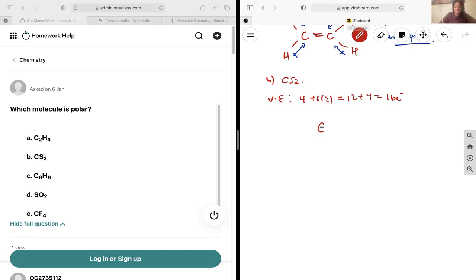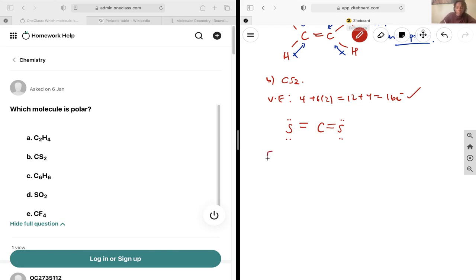Let's put carbon as our central atom because it can make the most bonds, with S and S. Now if you do it this way and fill in the remaining electrons for each octet, we'd have more than 16 because we have 2, 4, 6, 8, 10, 12, 14, 16, 18, 20. And so the best bet would be to give carbon its 4 bonds by creating 2 double bonds. This way carbon has its octet filled and each sulfur has its octet filled. Let's check if we have 16: 2, 4, 6, 8, 10, 12, 14, 16. So our valence electrons are covered.